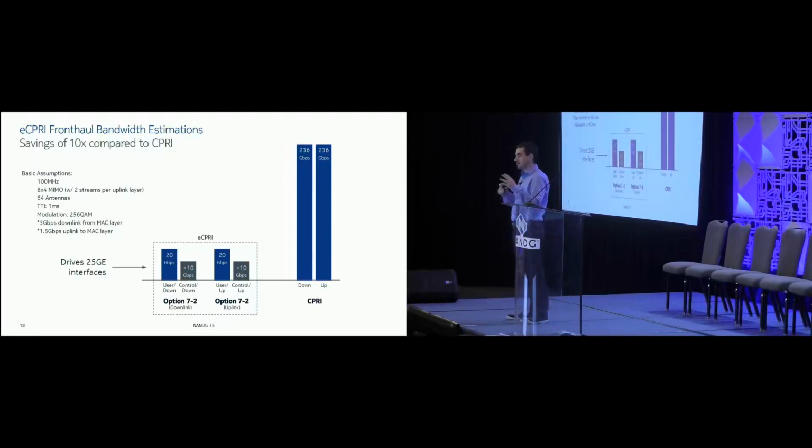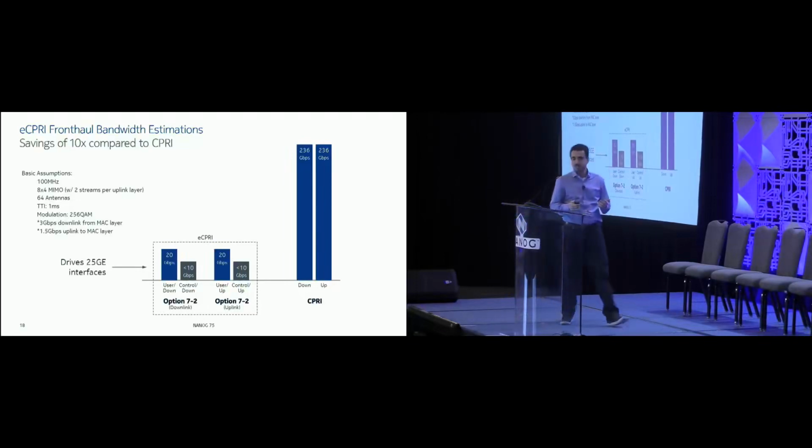But when we compare that specific radio scenario, where we would have 236 gigs with a CPRI interface, an eCPRI interface will give us roughly 20 gigs in terms of user plane and less than 10 gigs in terms of control plane, right? So you see a huge bandwidth reduction, on the order of 10 times, when comparing CPRI to eCPRI, apart from the fact that now eCPRI can be carried over a typical Ethernet link.